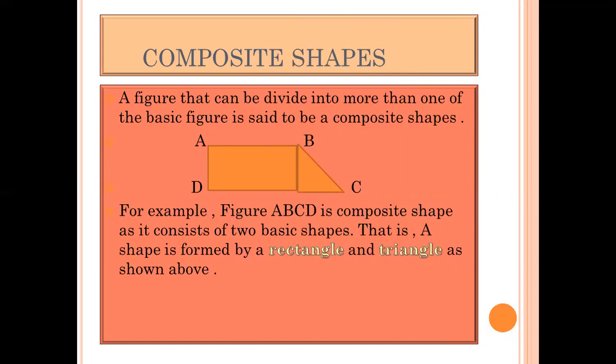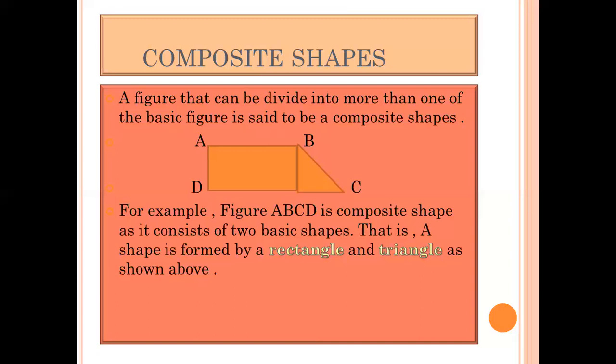On your screen you can see I mentioned the definition of the composite diagram or figure. A figure that can be divided into more than one of the basic figures is said to be a composite shape.